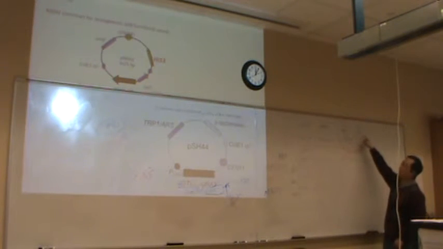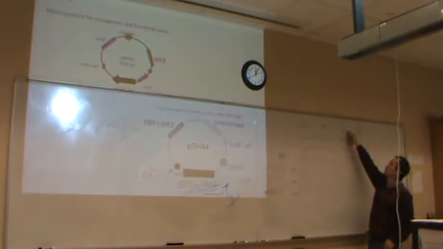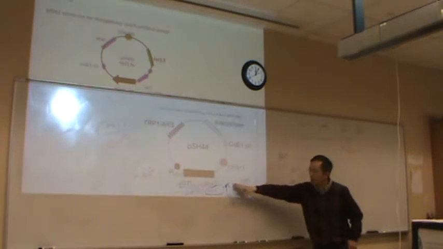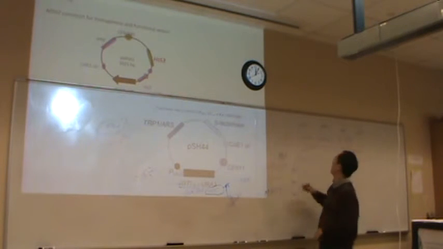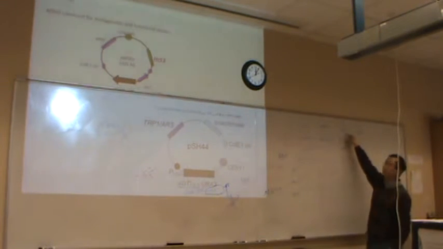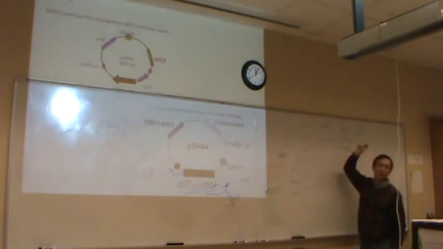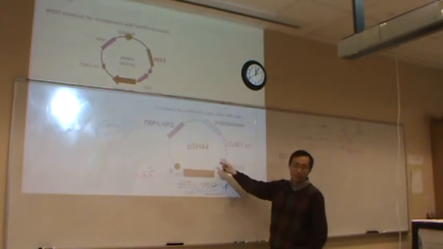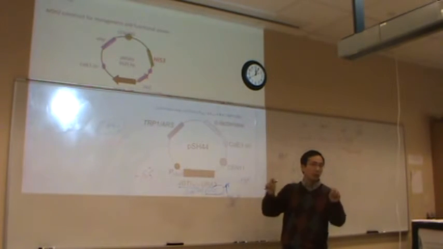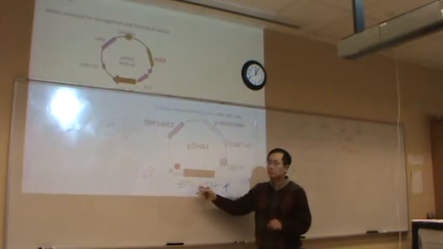FOA, if the URA3 is wild type, is going to kill the cell. If URA3 is a mutant, then FOA will not be converted into a toxic compound and kill the cell. So when the URA3 becomes a mutant, and FOA cannot kill the cell, it will still be alive. Now on the reporter plasmid, URA3 is wild type functional, but in front of it is the microsatellite.